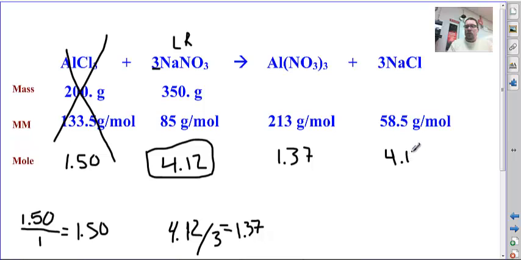Okay. All right. And then I just multiply by my molar mass. So 1.37 times 213 is 292. So that's how many grams of aluminum nitrate will be made. And 4.12 times 58.5 is 241.